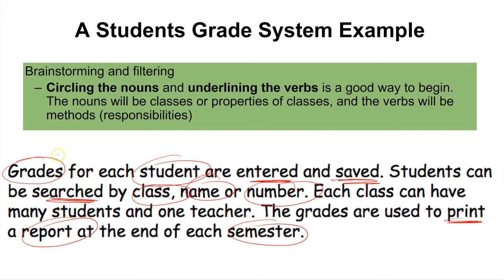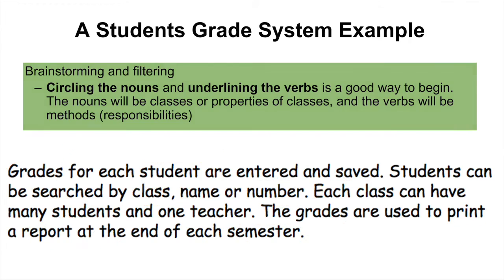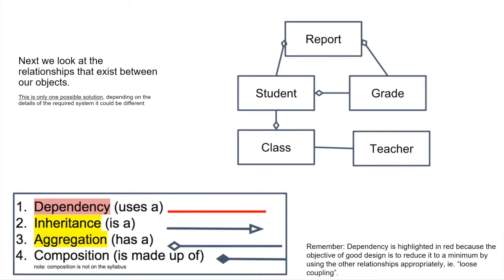That's about it. So everything that I've underlined is going to be an action in one of the classes. Everything that I agree is big enough to have its own class is probably going to be a class: semester, report, possibly not name and number because they're probably properties of one of those classes. But this is how I generalize and how I make a list of potential classes and potential actions for them, and then later on I relate them together, kind of like this.